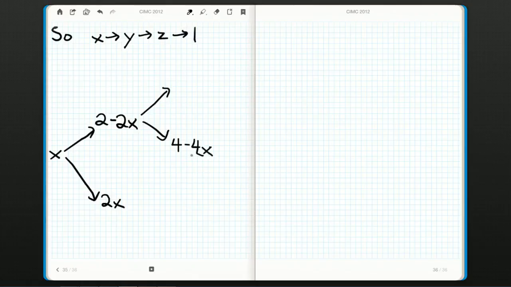Okay. Just fix that a little bit. Or we might do the same 2 minus double the number sort of thing. And what's that? That's going to be 2 minus 4, so that's negative 2 plus 4x. Okay?